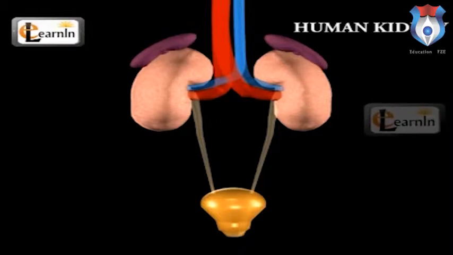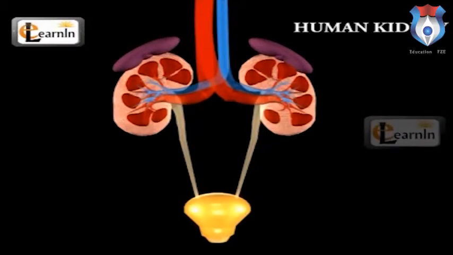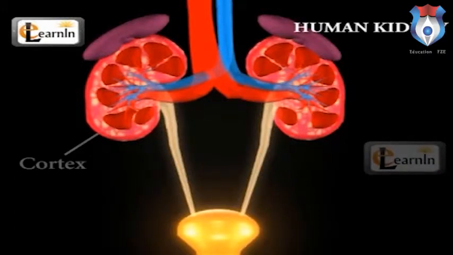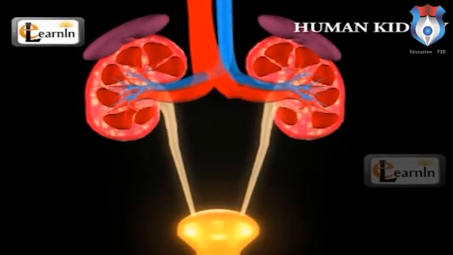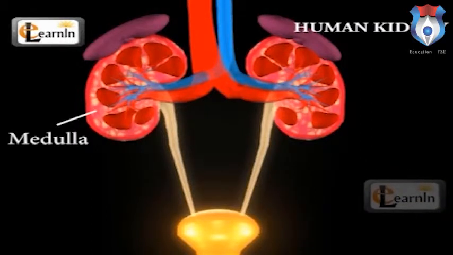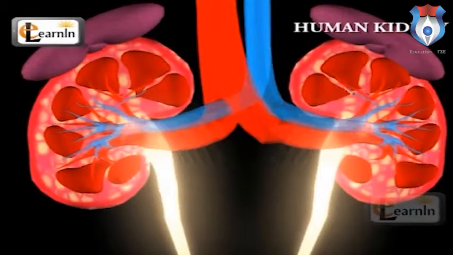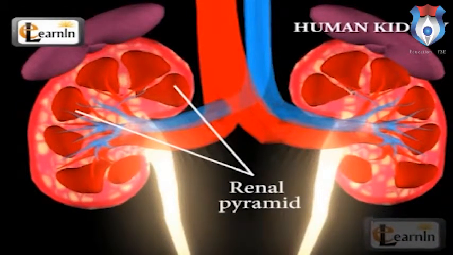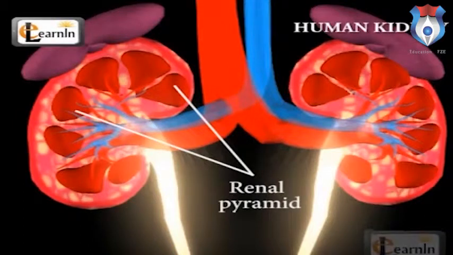Now let's understand the structure of a kidney. The outer region of the kidney is deep red in color and is called the cortex. The inner region is light red colored and is called the medulla. In the medulla, there are 9 to 12 inverted pyramid-like structures with broad base towards the cortex and narrow end towards the pelvis.